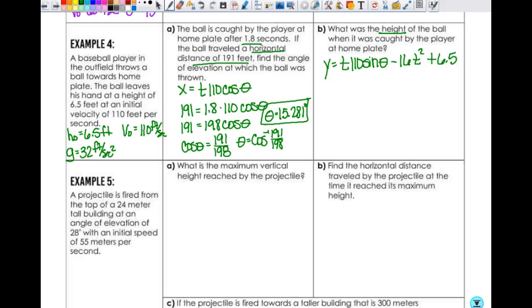When it was caught at home plate, the time was 1.8 seconds. So y is equal to 1.8 times 110 times the sine of theta, minus 16 times 1.8 squared, plus 6.5.